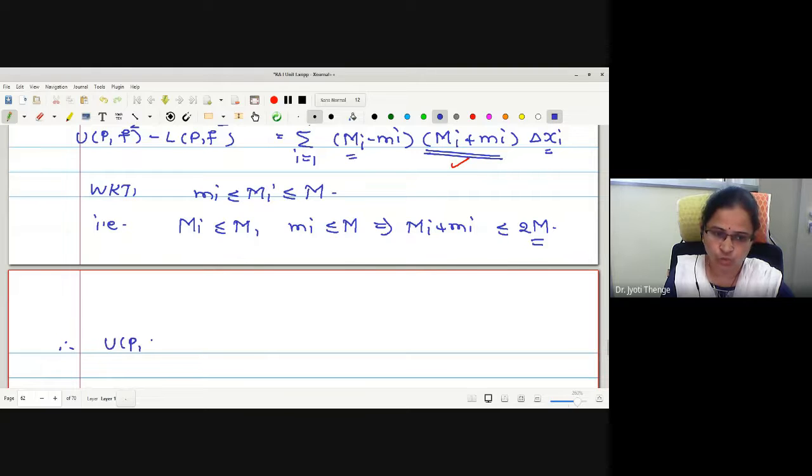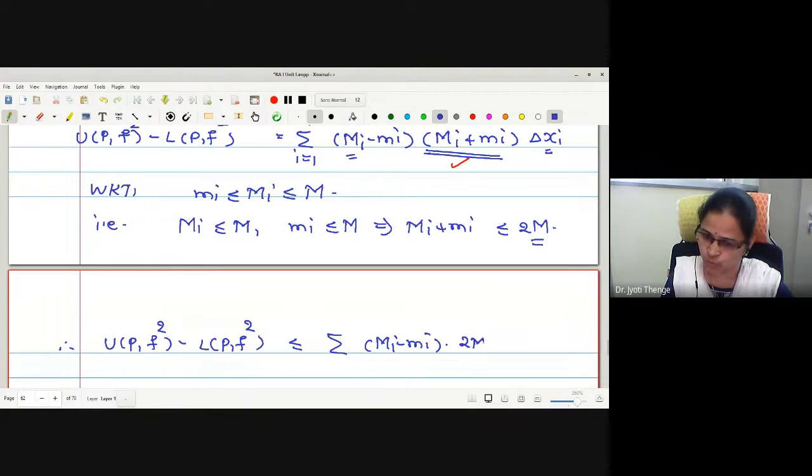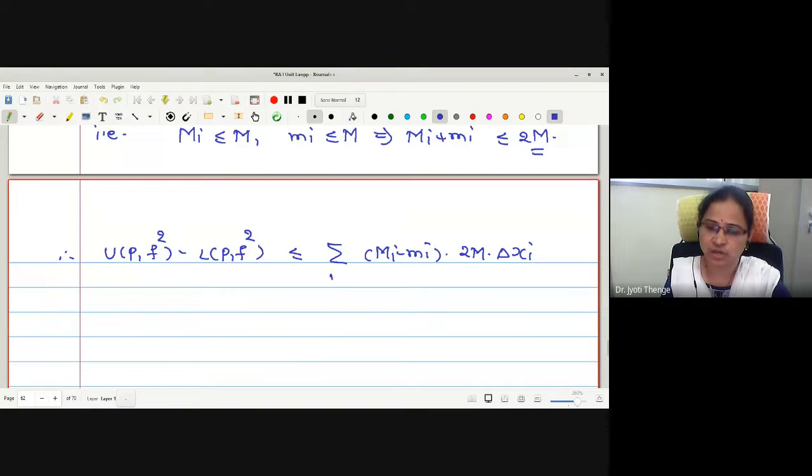I will write UP of f square minus LP of f square is less than or equal to summation of (capital Mi minus small mi), and this I am going to replace by 2M into delta xi. Now easily one can check, as the sum is running over i, this 2M can be taken out. Therefore, I can write this as 2M summation i equals 1 to n (capital Mi minus small mi) delta xi.